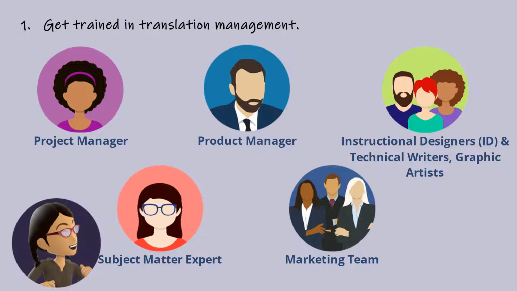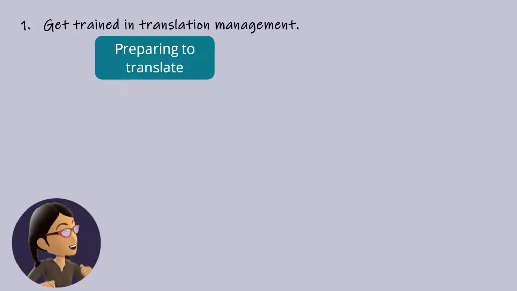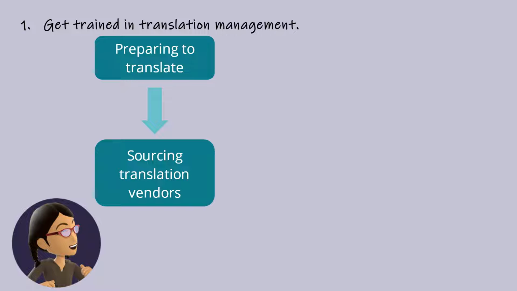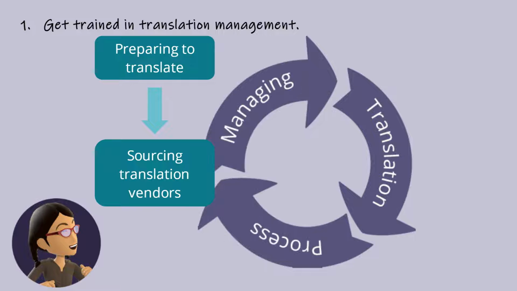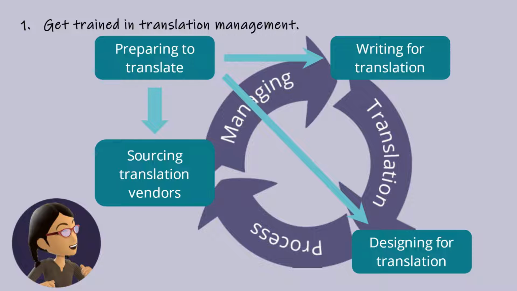Training in translation management also requires a basic understanding of all the processes involved. I have divided the series into preparing to translate, sourcing translation vendors, managing the translation process, writing for translation, and designing for translation.